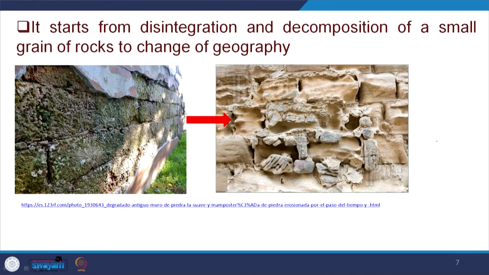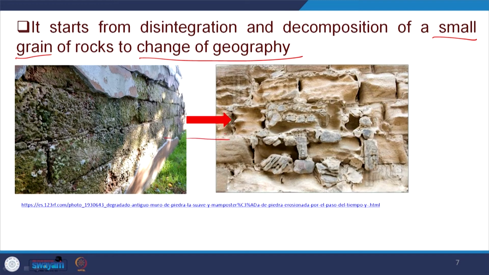And if this is so, now the question arises, at what scale does this weathering process work? Scale means the weathering process starts from small grains and it changes the geography. That means from the tiny size to regional size. For example, here it is a wall constituted of bricks.